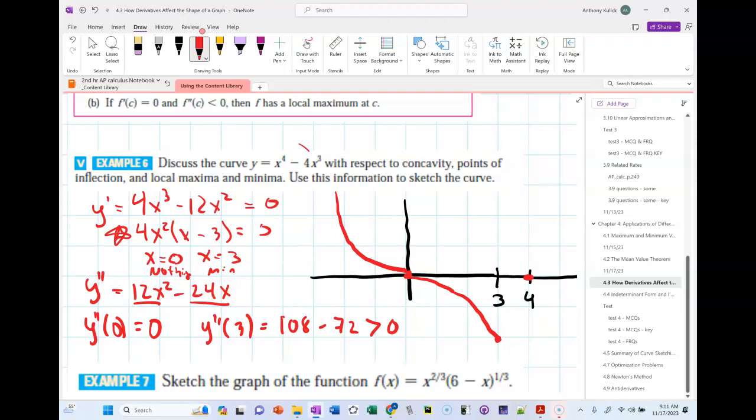So from 0 to 3, that'll be positive. But after 4, wait a minute, what is it? This is times 3, so it's going to be, and then we start increasing again. Yeah, and we'll do like one of these.